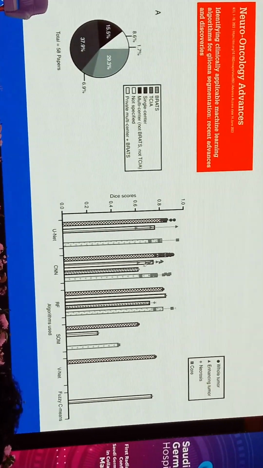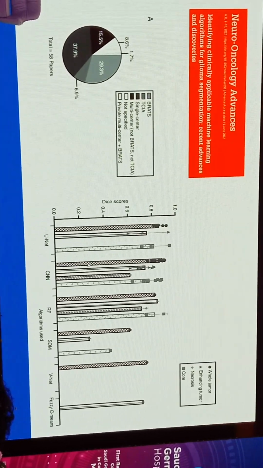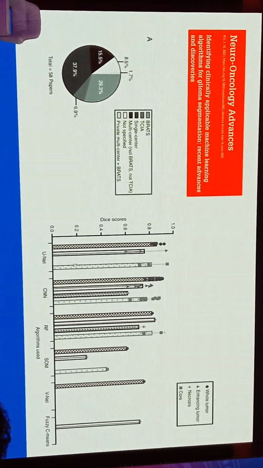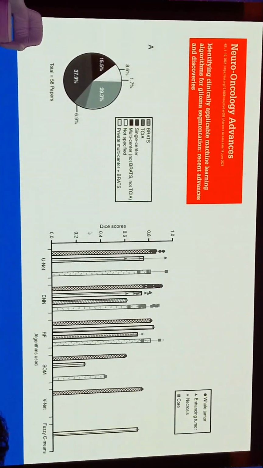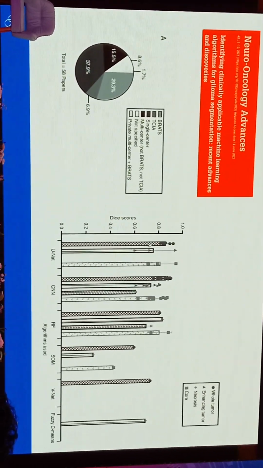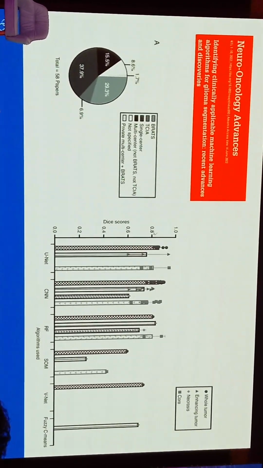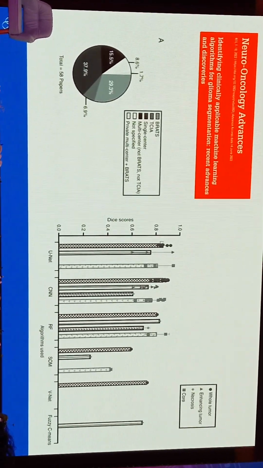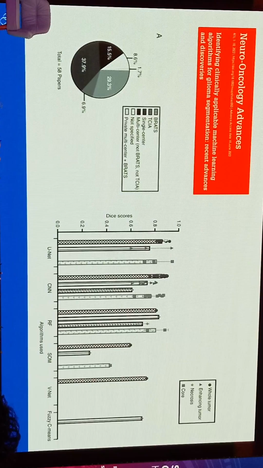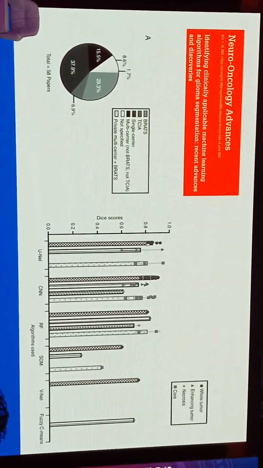This is another example looking at various data sets and different types of configurations in terms of the AI to segment glioma. And we can see that the UNets on a robust data set contouring the whole tumor do a great job, kind of in the 0.9 range.